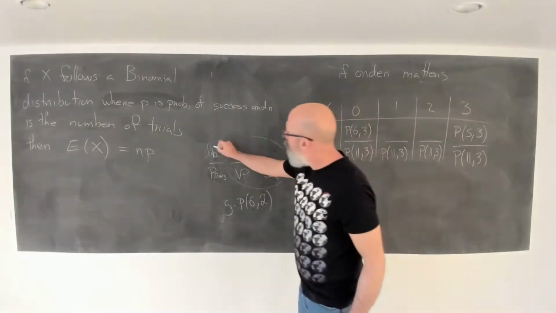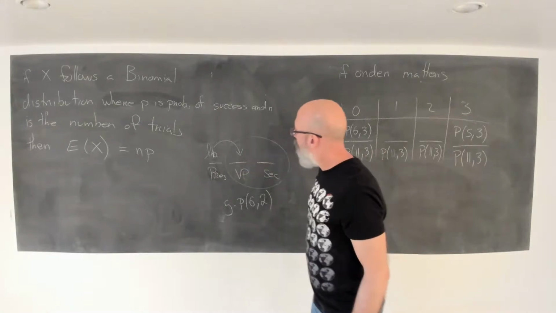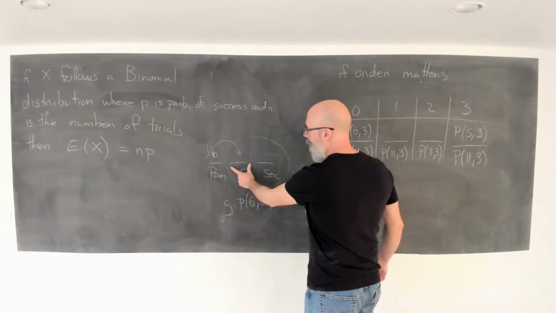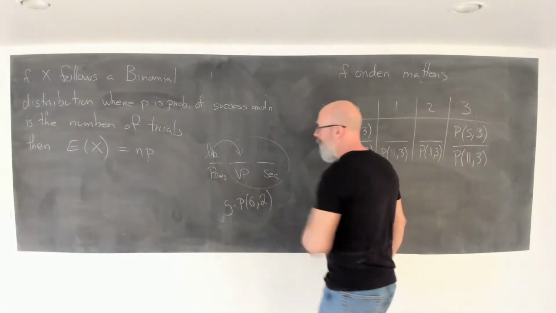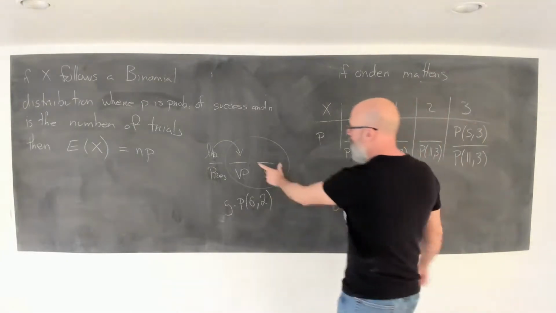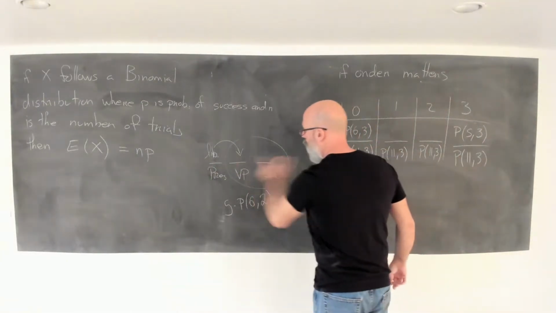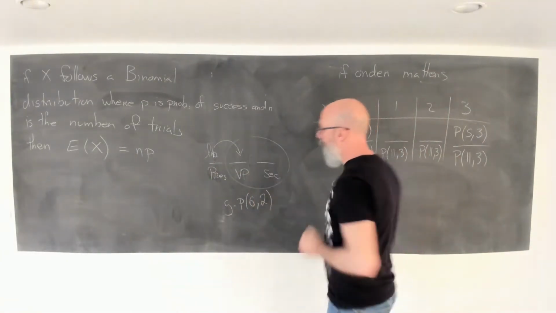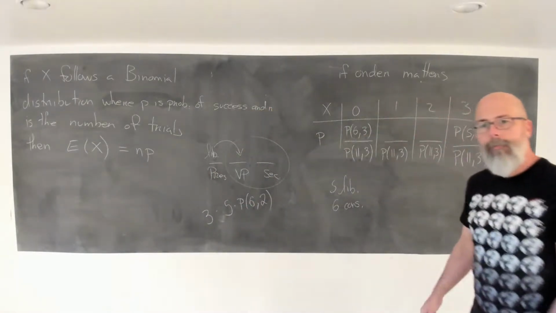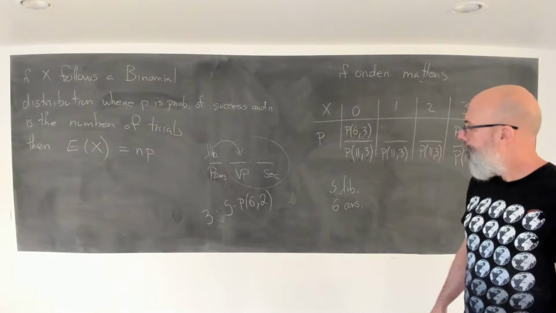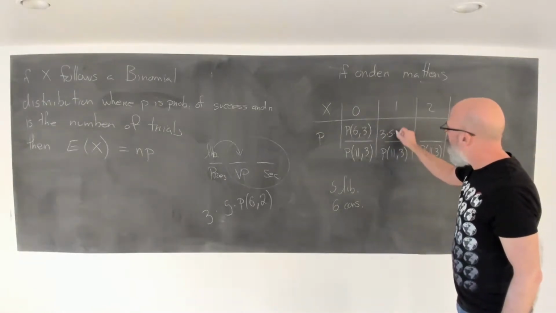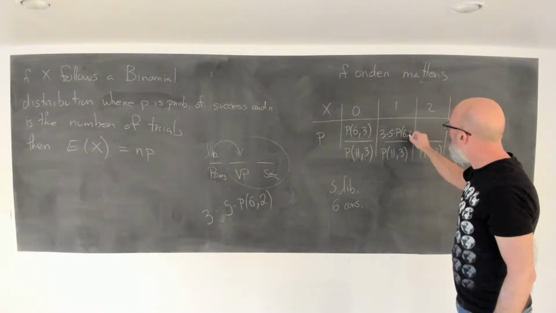But if the liberal is the VP instead, then of course it's the same thing. And if the liberal is the secretary instead, of course it's the same thing. So you have 3 of those. So this is 3 times 5 times P(6,2).